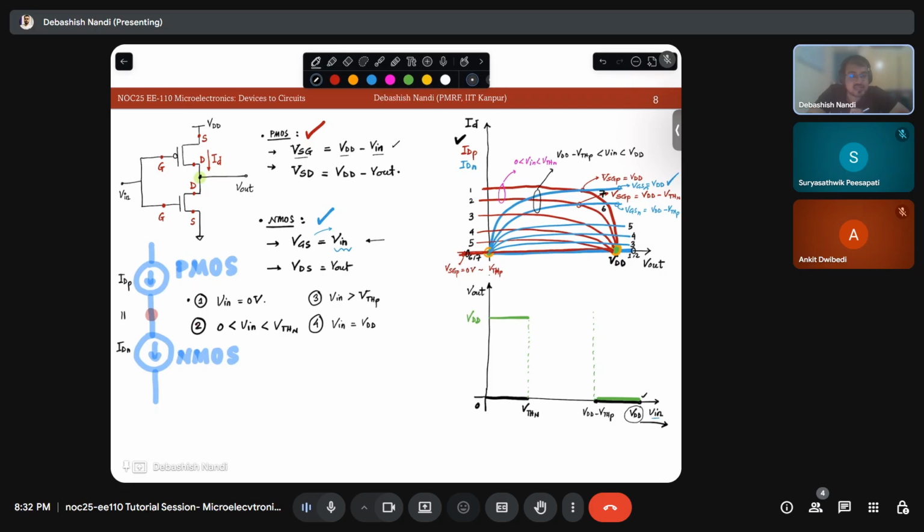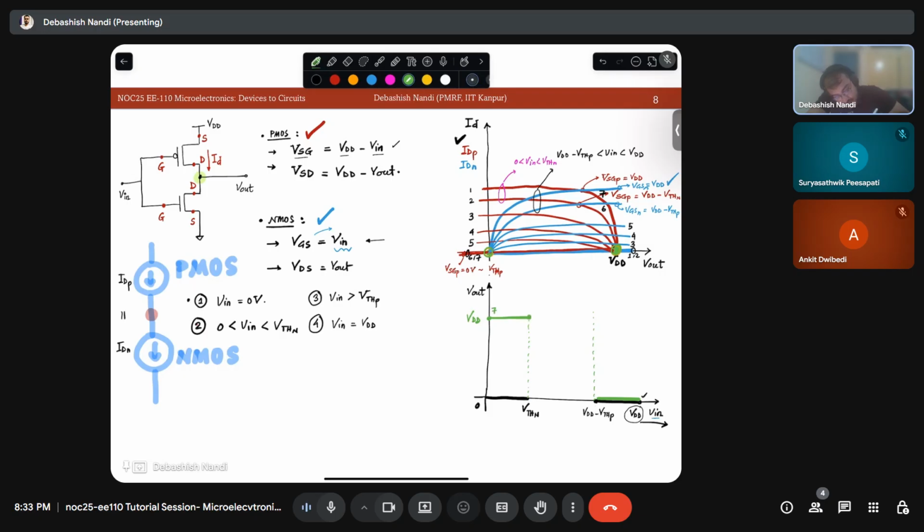Now let us see where these lines are crossing each other. For 6, 7 and 1 and 2, we know that these are fine. So this point is your Vin equal to 0, which is nothing but your point number 7.